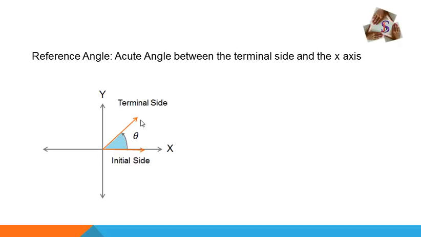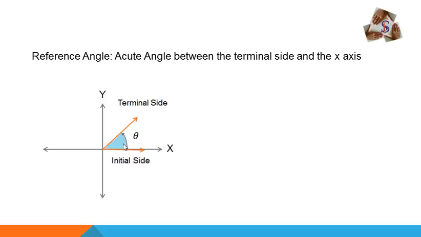In trigonometry, the vertex is the origin and one ray is placed on the x-axis. It is the positive x-axis. This is called the initial side of the angle, while the other ray is called the terminal side of the angle.